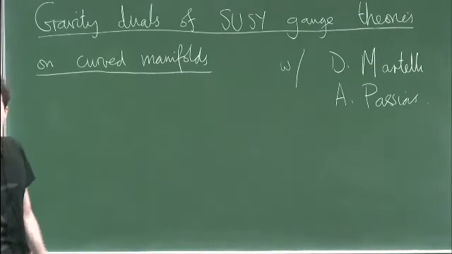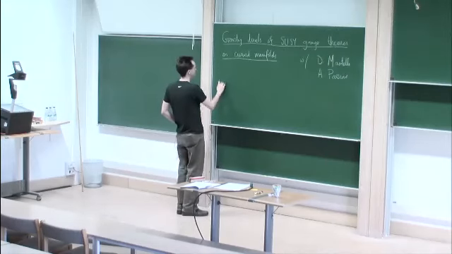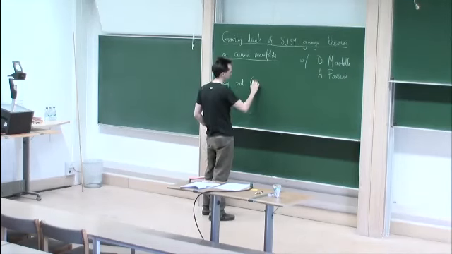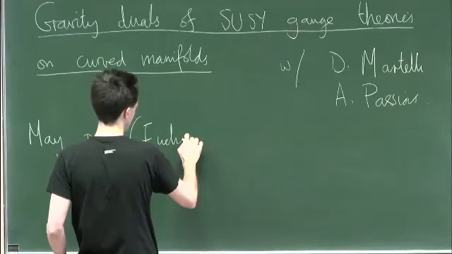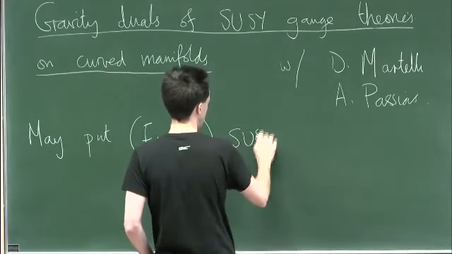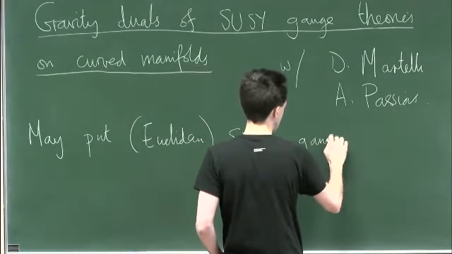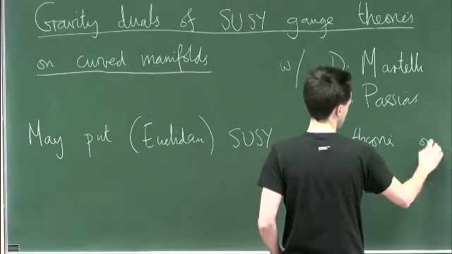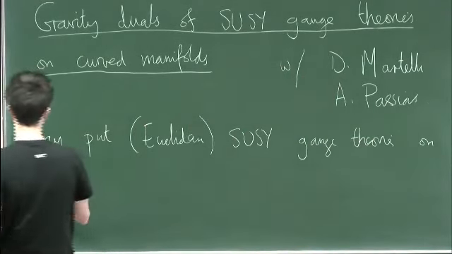Okay, so I will start with a fact, which is that you may put Euclidean supersymmetric gauge theories on compact curved manifolds.